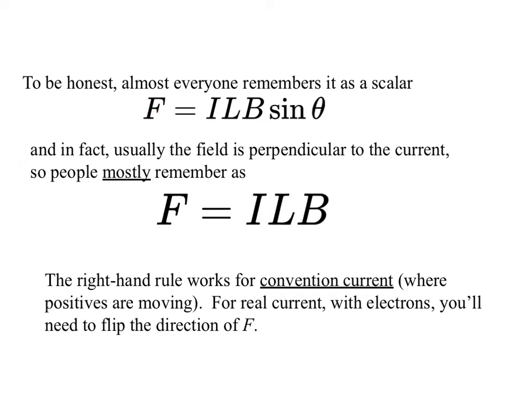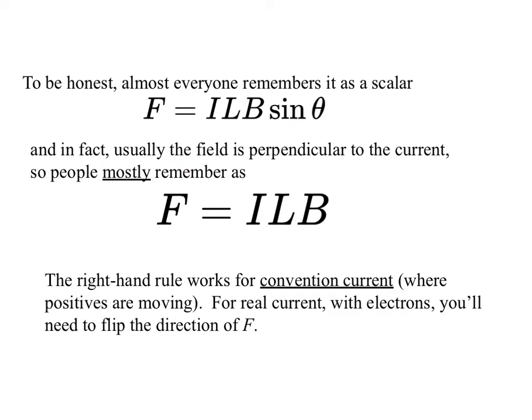Instead, you tend to see people just write out the magnitude of the force and then get the direction with the right-hand rule. So the magnitude would be ILB sine theta, which is the generic result for cross product. It's the first times the second times the sine of the angle between them. And then it just turns out that the problems people tend to write, for no particularly good reason, tend to have the field perpendicular to the current.